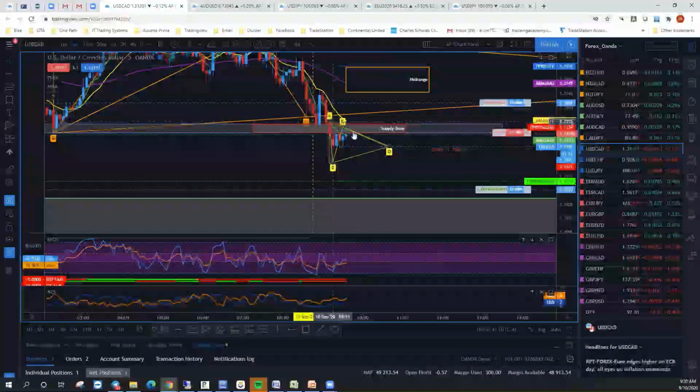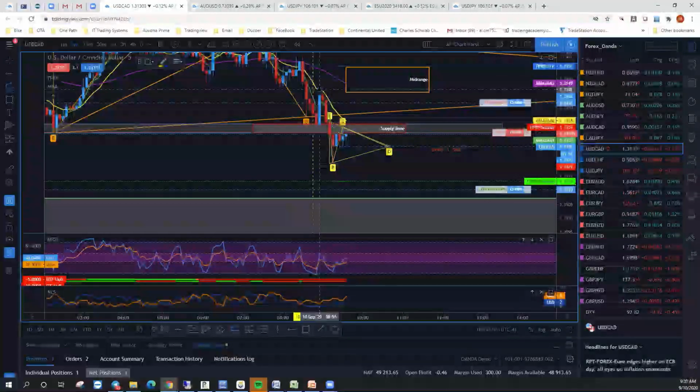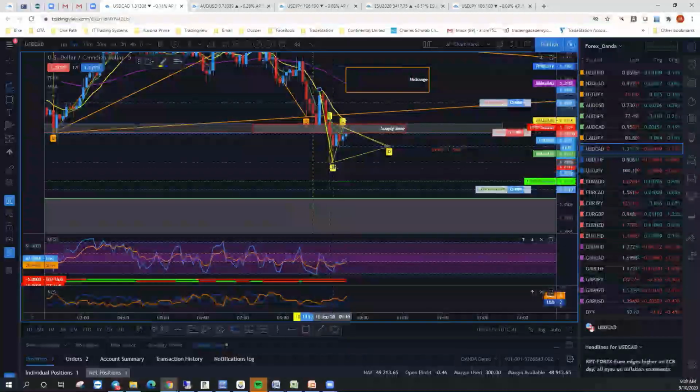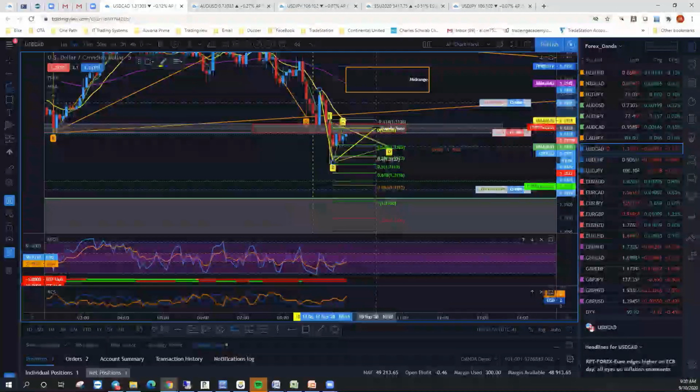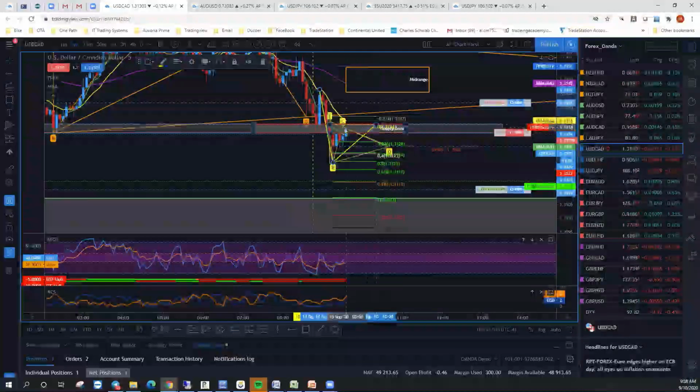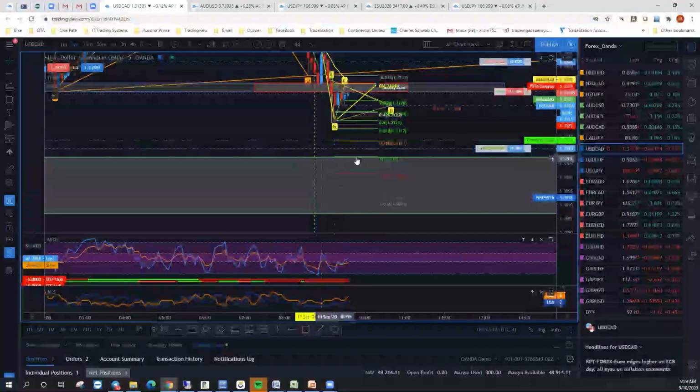If it retraced much more than the top of this wedge, which would basically be about a 60% retracement, and if I draw this out, here's the top, this is where the whole thing started, it comes on down. If it pulls back to the yellow, where the C is, that's a 50% retracement, then there's a good chance this thing is going to come down and retest this area, which is right where our green target is.